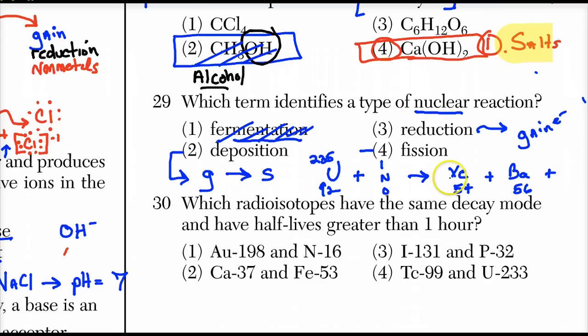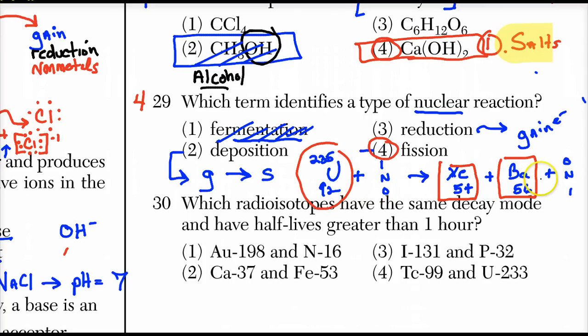I'm just making this off the top of my head, and this might not be terrifically balanced, and you don't have to know this off the top of your head in terms of making the reaction, but you should see a large nucleus being split into smaller ones, producing more neutrons, 2 or 3, okay? Fission is a nuclear reaction, where we deal with nuclear equations like that, where atoms are being split.